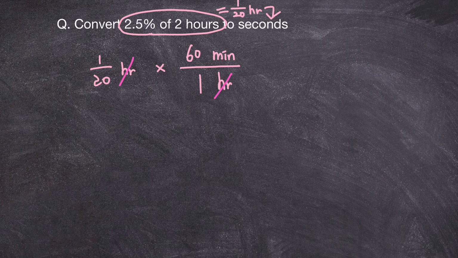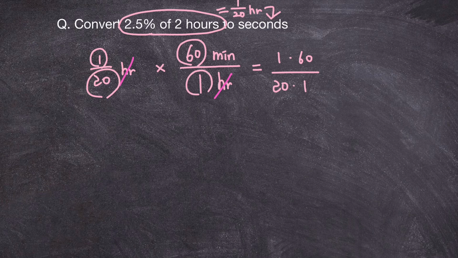I can cross that hour unit out, and what I am left with is 1 times 60 over 20 times 1, and the unit will be minute. And that is equal to 60 over 20 minutes, or 3 minutes.